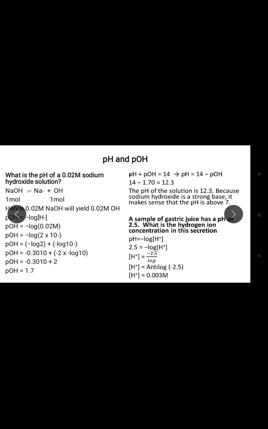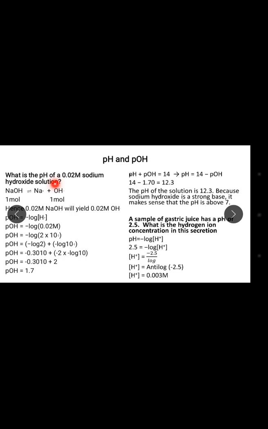Now we've gotten the answer for the pOH to be 1.7, but what the question asks us to calculate is the pH. So just bring that formula that says pH plus pOH equals 14. pH we are looking for, pOH we've calculated to be 1.7. So if you subtract that, you have 12.3 as your pH, and it is expected because it's a base.